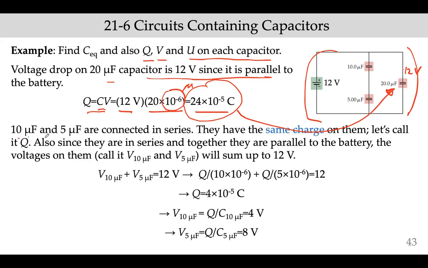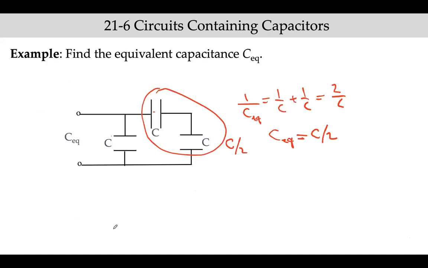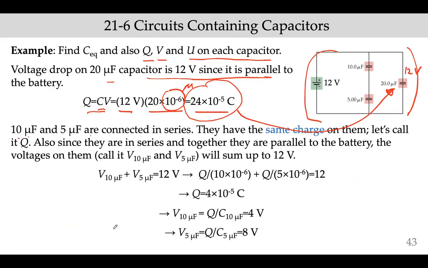Now 10 microfarad and 5 microfarad, these two are connected in series. So remember, when they're connected in series, they have the same charge. Charge is the same on all capacitors connected in series. So they're connected in series. They have the same charge on them.